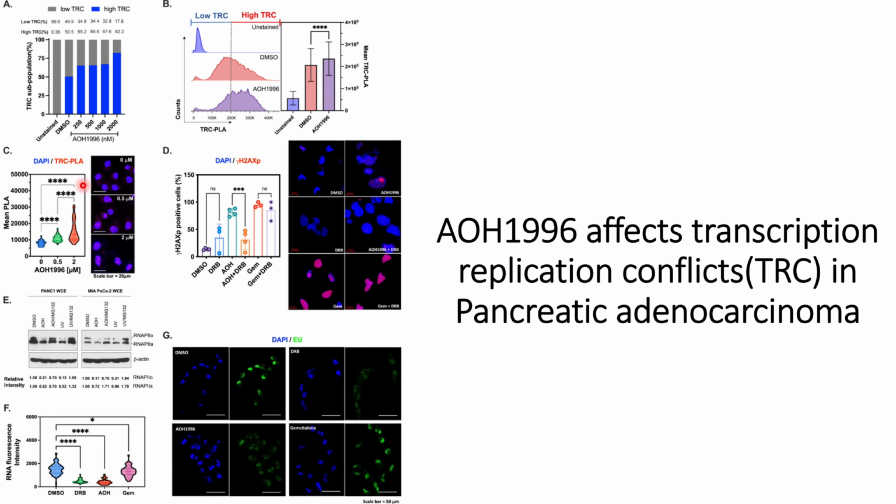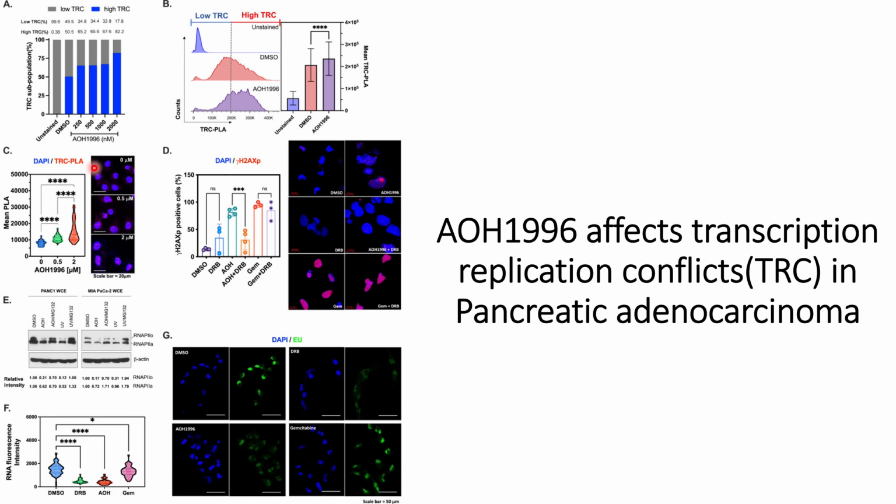And they also did immunostaining. Apart from the flow cytometry, they also checked using immunostaining, where we can see the mean PLA signals. PLA is a proximity ligation assay, and here we can see that with a dose dependent increase in the AOH, there is an increase in the PLA signals.